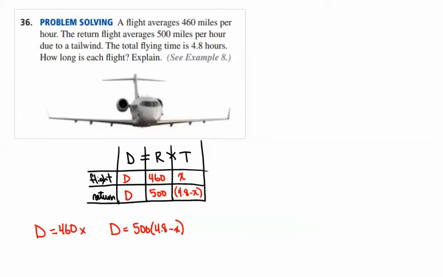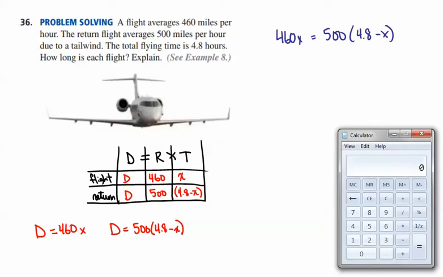Now from this scenario, we know that the distance flown by the planes is the same. So because the distance flown is the same in both cases, we can set the distances equal to each other. And so we get 460x is equal to 500 times 4.8 minus x. And we're ready to begin to solve that.